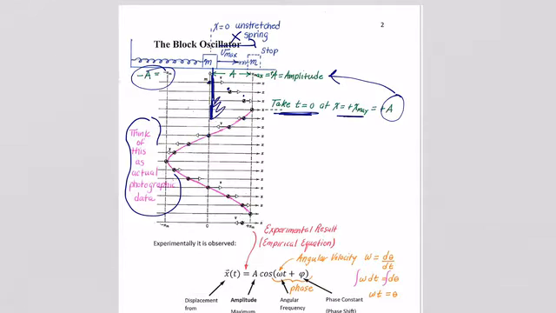I want you to consider this pink graph, or pink data, to be actual data. So it's an experimental result, an empirical equation, that if we flipped it on its side, if I rotated it this way, I could make it into a perfect cosine function, and that's exactly what I have on the bottom of the page here.